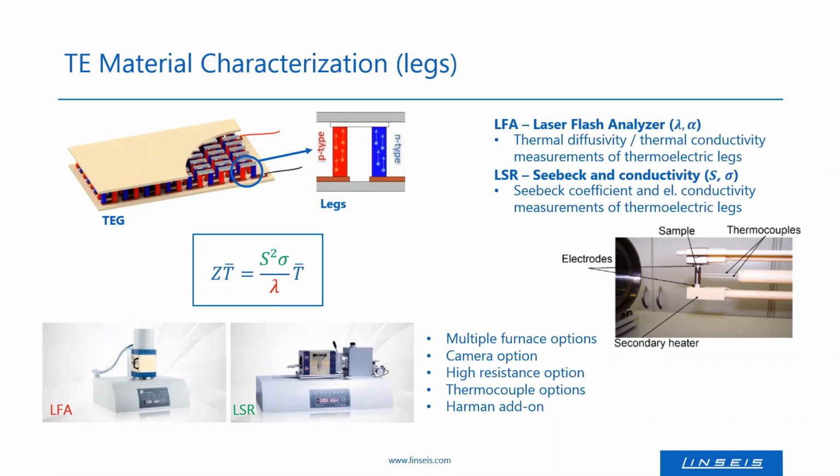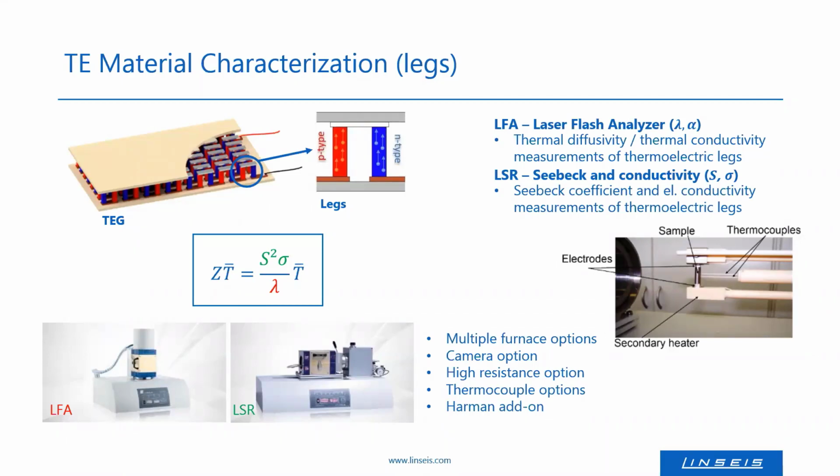And this platform generally can be equipped with a low temperature furnace for measurements under cryogenic temperatures, or several high temperature furnaces, which are either optimized for fast heating and cooling rates, or for a maximum temperature of 1500 degrees Celsius.